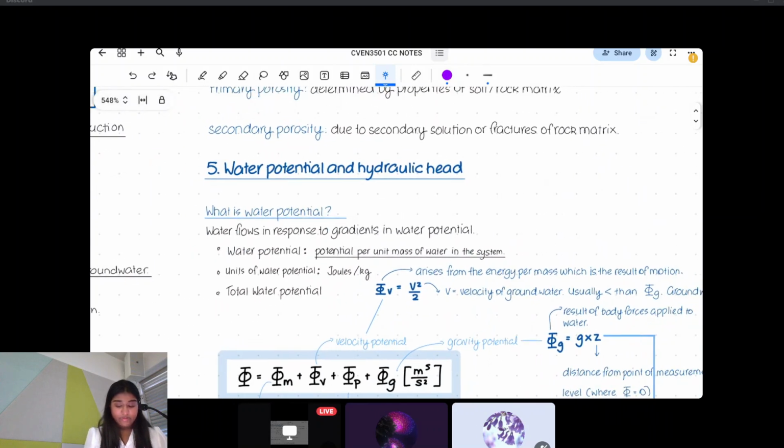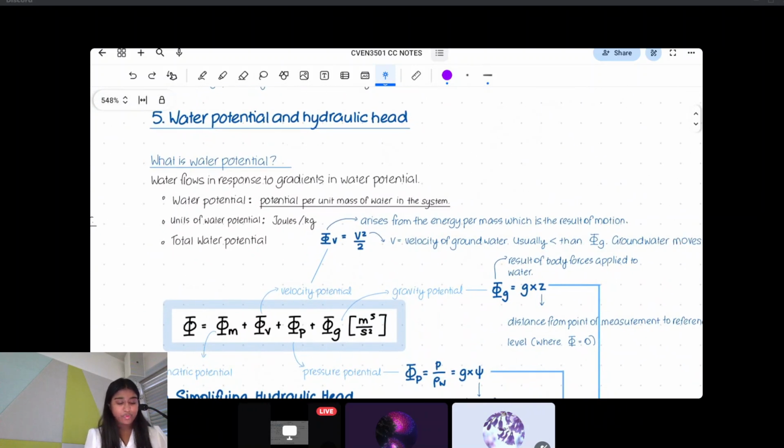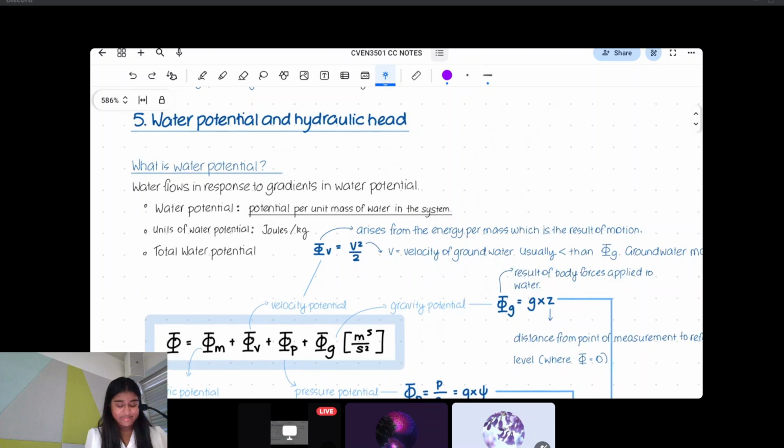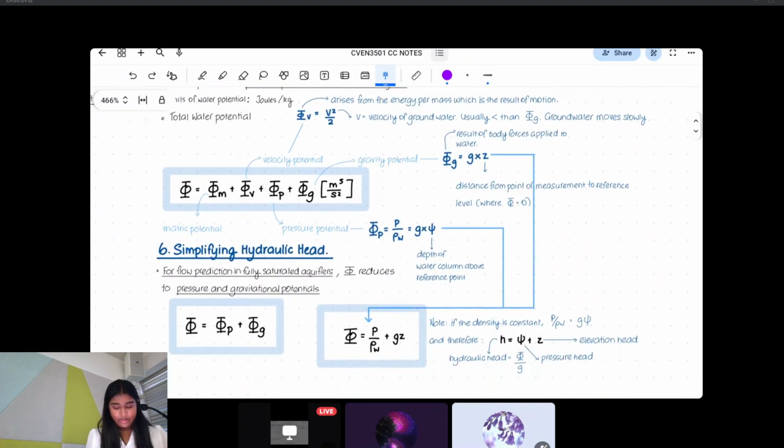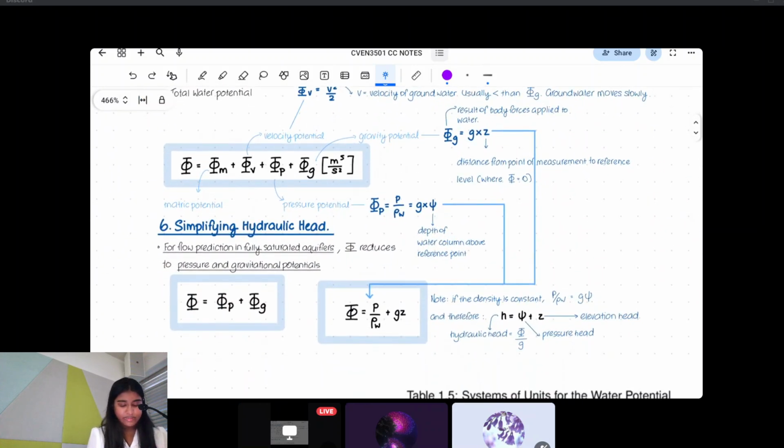Okay, a really, really important part of this course: water potential and hydraulic head. So I'm going to go through this part kind of slowly. Basically, this formula here is what we're going to focus on, and then you'll see that throughout the terms I've just gone through, you'll see how they impact the overall water potential, right?